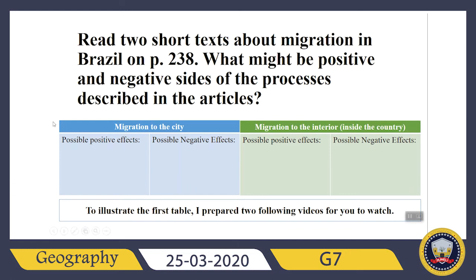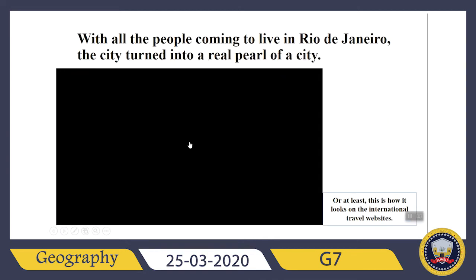And to illustrate the first table about migration to the city, from countryside to the city, I prepared two following videos for you to watch. So, first video: with all the people coming to live in Rio de Janeiro, the city turned into a real pearl of a city. The city looks so beautiful. Just have a look.